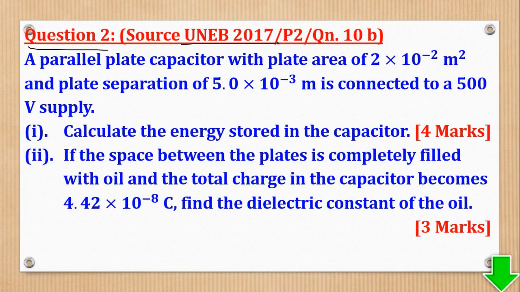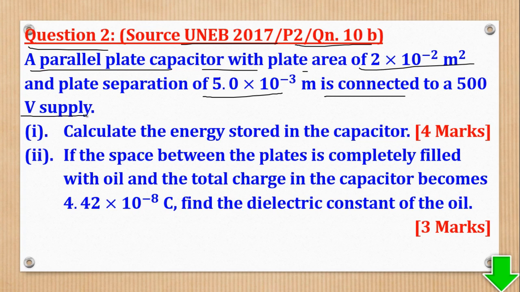Question 2 came from UNEB 2017 paper 2 question 10b and says a parallel plate capacitor with plate area this and plate separation this, so this is A, this is D, is connected to a 500 volt supply. Roman 1. Calculate the energy stored in the capacitor. And Roman 2.